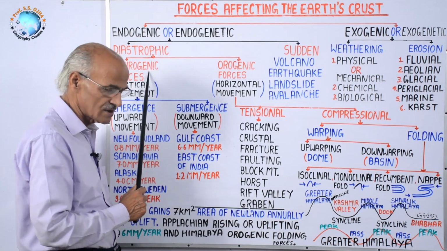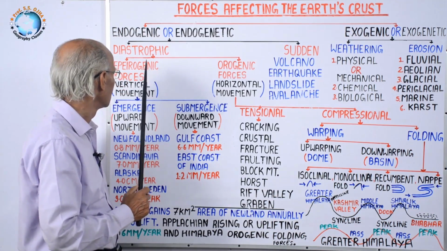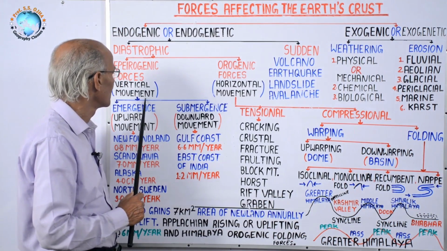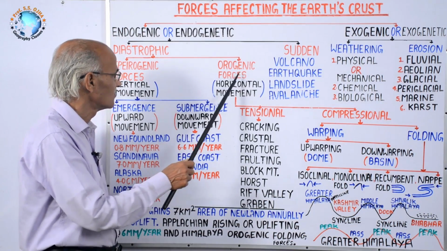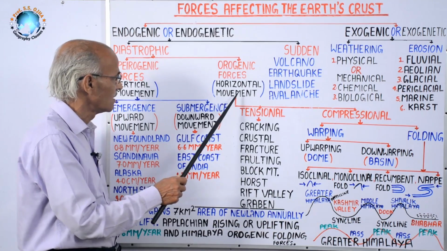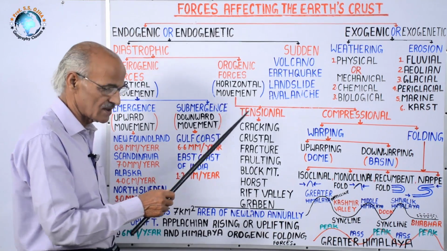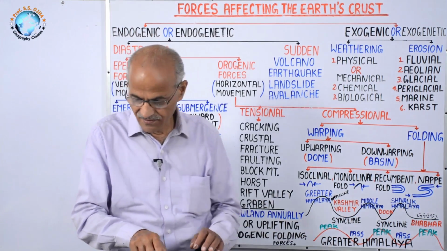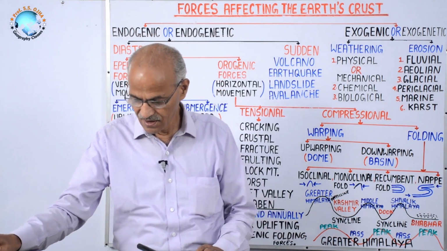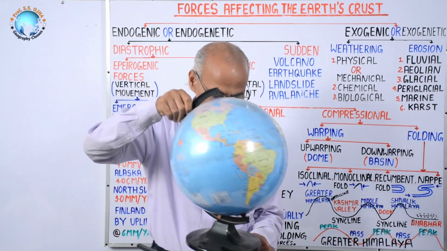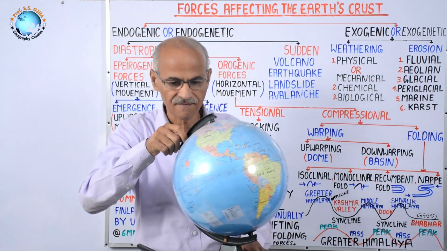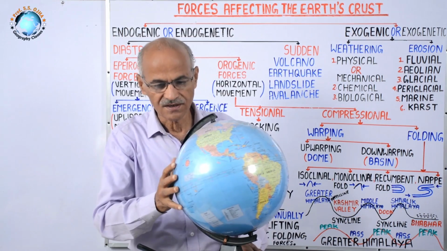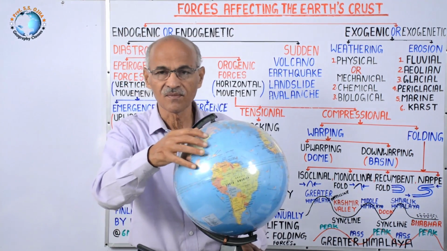In epeirogenic, we will study the vertical movement of plate, while in orogeny, we study the horizontal movement of the plate. There are plates on the surface of the earth, and in plate tectonics, we will learn that there are oceanic plates and continental plates.